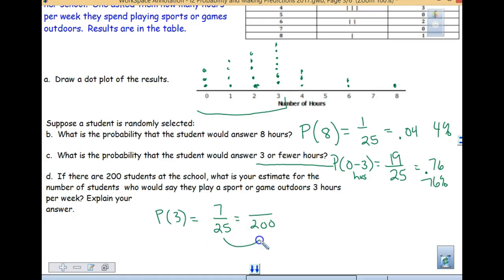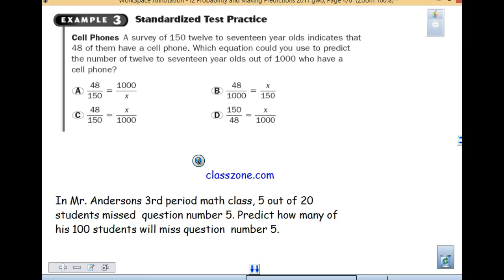What do I take 25 times to get 200? 8. Times 8. So if we have times 8, we're going to take 7 times 8. 56. And we should have 56 students that played 3 hours per week outside.